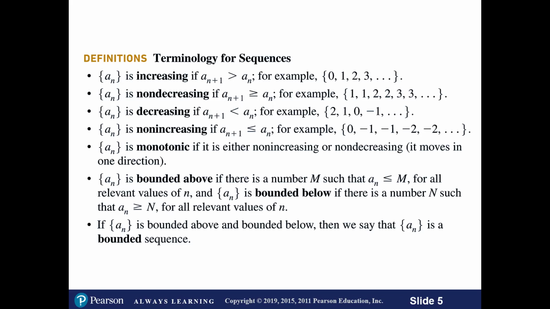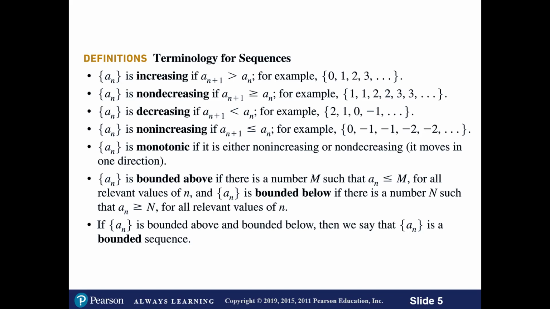Getting smaller or staying the same, that's monotonic. Getting larger or staying the same, that's monotonic. But when a sequence changes directions, so we get smaller, then larger, then smaller, then larger, for example, that's not a monotonic sequence.